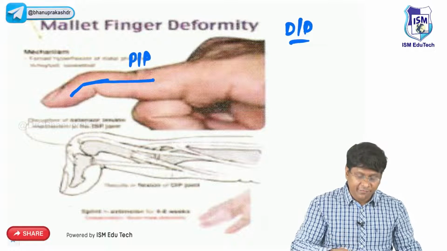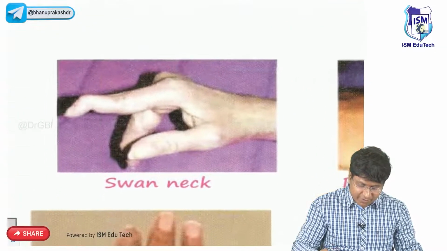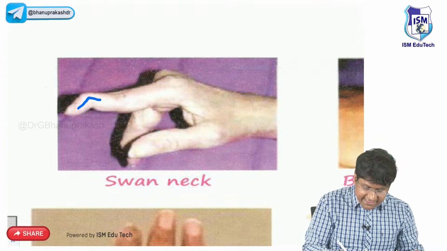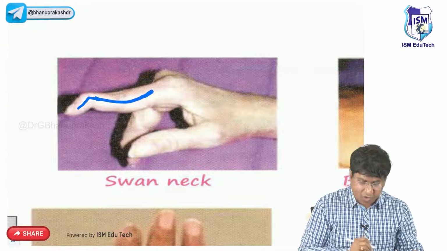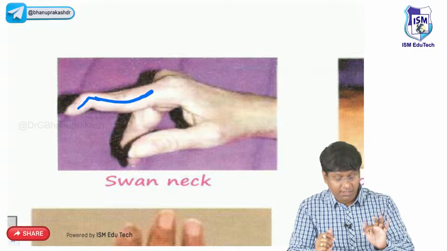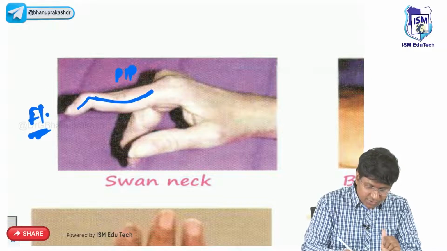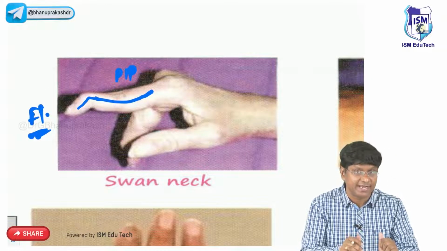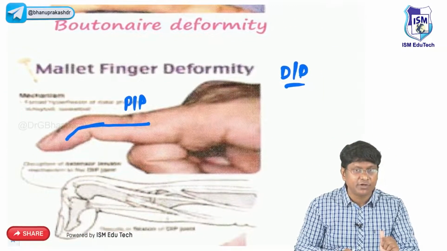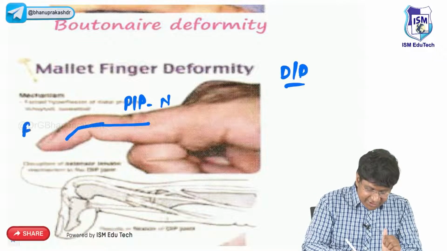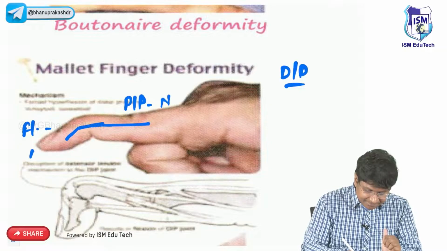But in swan neck deformity, what did we discuss? In swan neck deformity, there will be flexion of your DIP and there is hyperextension of the PIP. But whereas in mallet finger deformity, the PIP will be normal, but there will be flexion of the DIP.